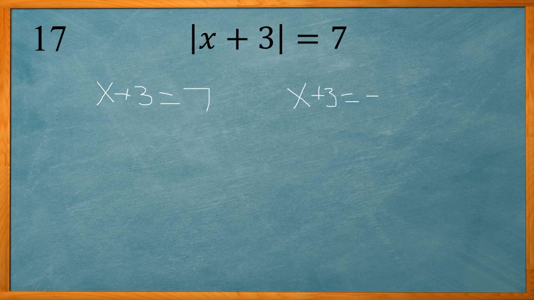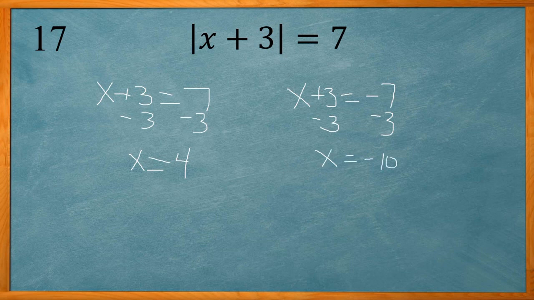Those are two scenarios that would both work out inside here. If I subtract 3 from both sides here, that gives me x equals 4. If I subtract 3 from both sides here, x would equal -10.